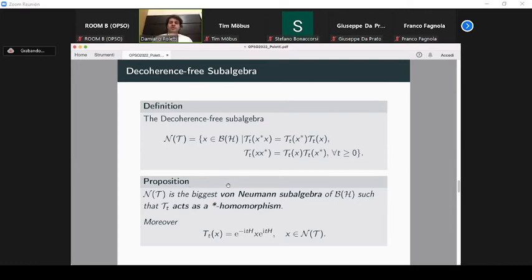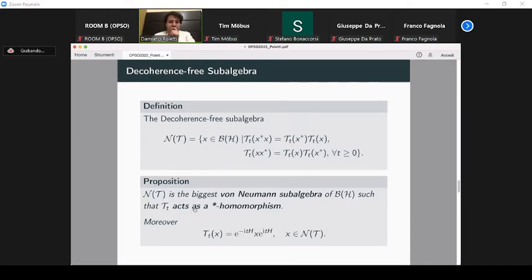Well, this proposition should at least clarify some motivation, since by using this definition, one can prove that N(T) is actually the biggest von Neumann subalgebra of B(H), so a subalgebra closed for the weak or the strong topology, such that T_t acts as a star-homomorphism on it. So N(T) is a set on which the QMS acts in a nice way, one could say.